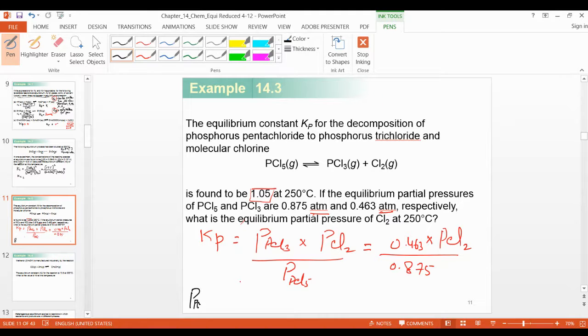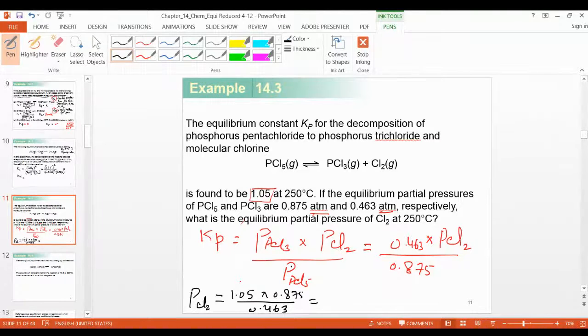This PCl2 means phosphorus dichloride. This is PCl3, phosphorus trichloride, PCl5, phosphorus pentachloride, and Cl2 only mono. So you calculate this: write down the Kp value 1.05 multiplied by 0.875 and then divided by 0.463. Then you calculate it. Is it clear now?